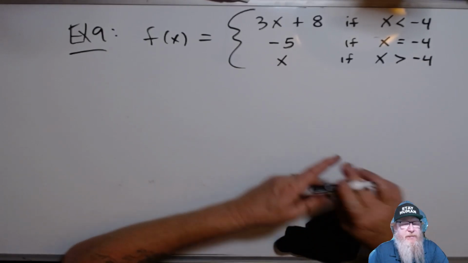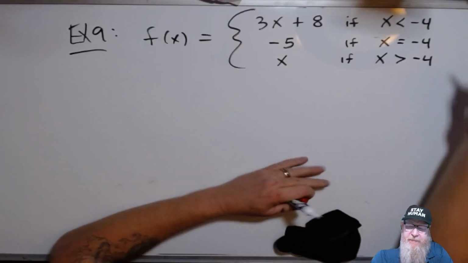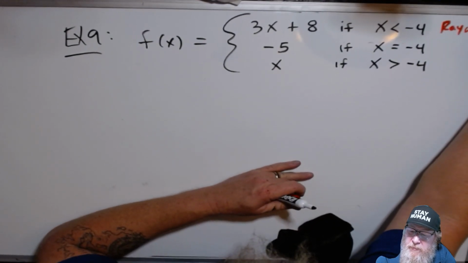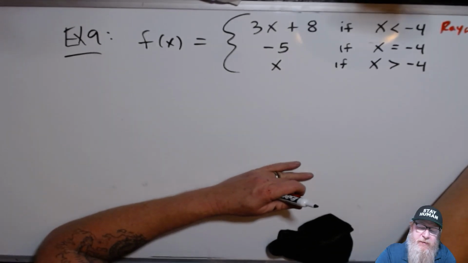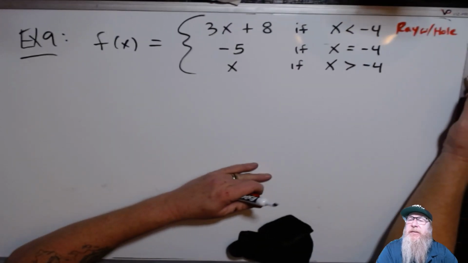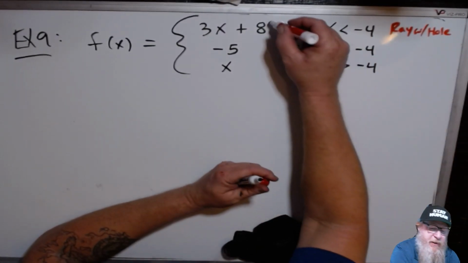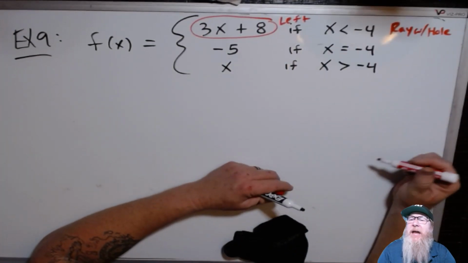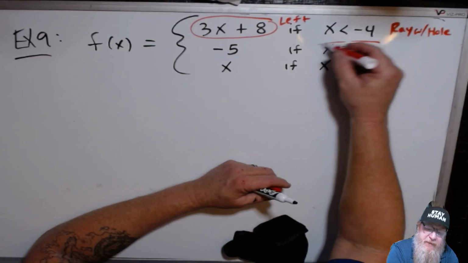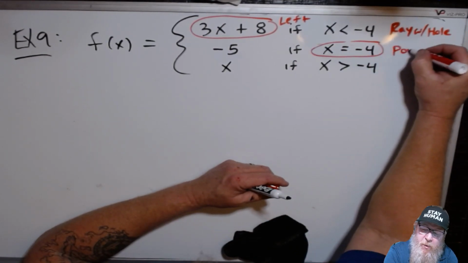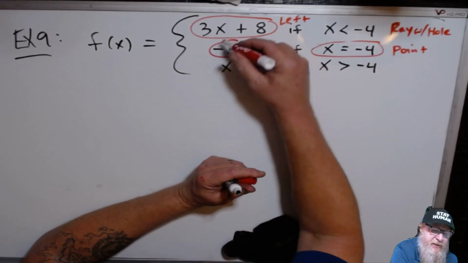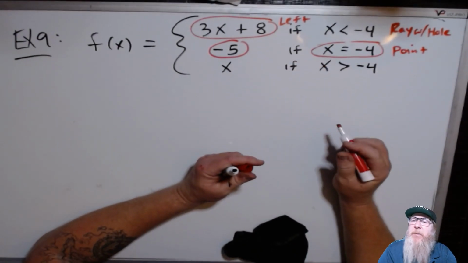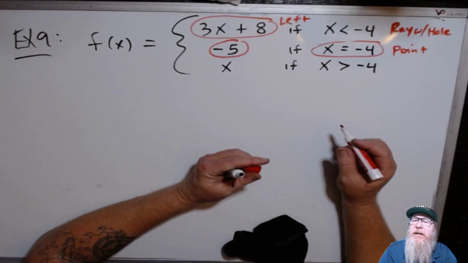All right, so again, I have a ray with a hole, again on the left. So this will be my left side. Before I do any math, I like to analyze everything. This is equal to, so that's going to be a point. And it's a constant. It's not a variable point. In this problem, that point is automatically defined to be -5.